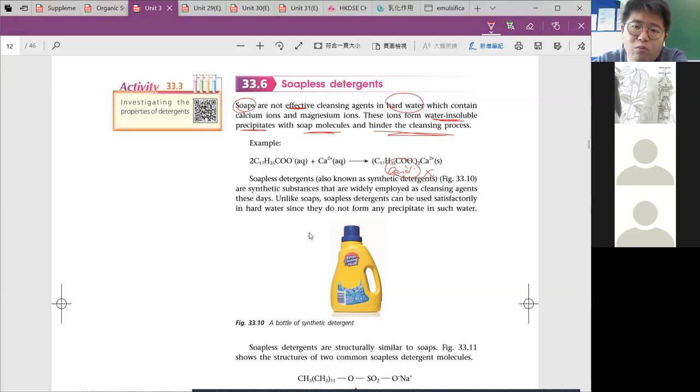While we talk about hard water, what does it mean by hard water? The opposite word is soft water, right? Can you give examples of hard water? Anyone know? The water which is full of what? Calcium ions, as well as magnesium ions. Yes, very good.